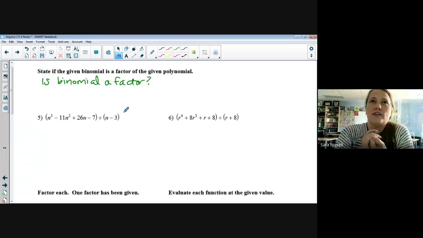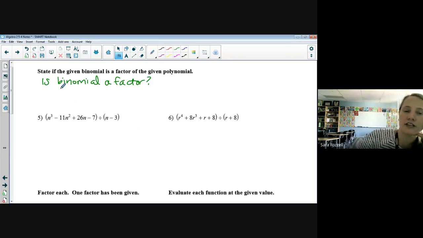So if something divides evenly, what is the remainder? 0, right? So if you're thinking about any number, is 3 a factor of 12? Does 3 go into 12? Yes. If you divide 3 into 12, you don't have anything left over, right? No leftovers, no remainders.